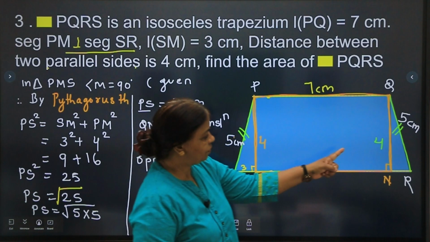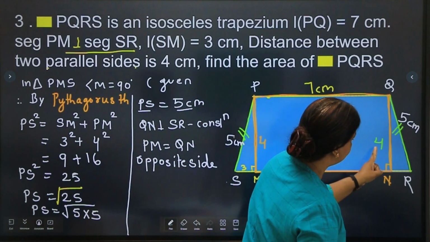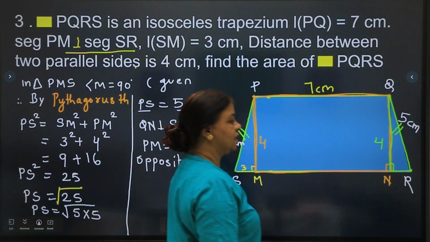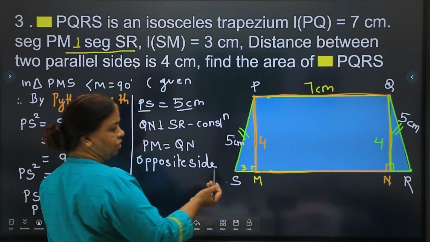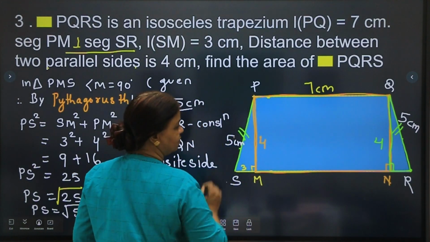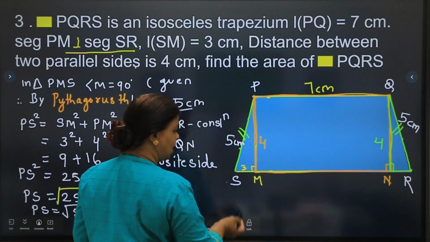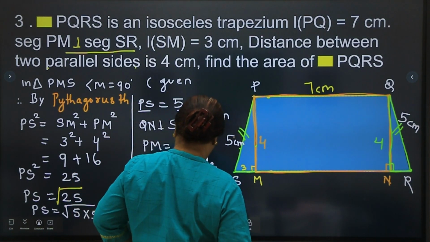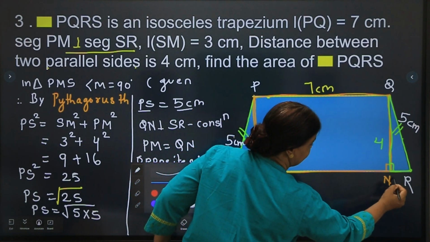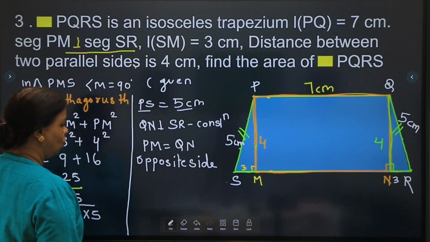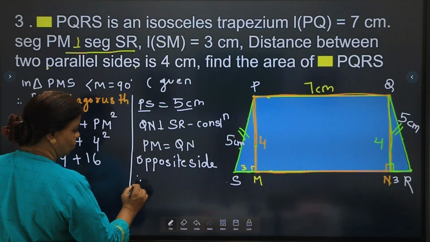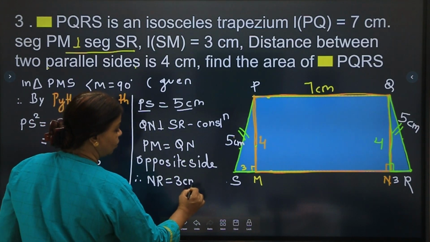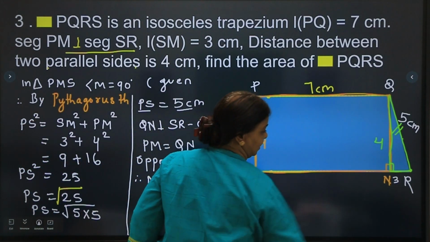Clear? Now, what will happen? This is 5, this is 4, it is a right angle triangle. I can again use Pythagoras theorem in this. No need of Pythagoras. This is 5, this is 5, this is 4, this is 4, and if this is 3, this also will be 3, isn't it? So I can say NR is 3. Got? So NR is equal to 3 centimeter, because this triangle is equal to this triangle.